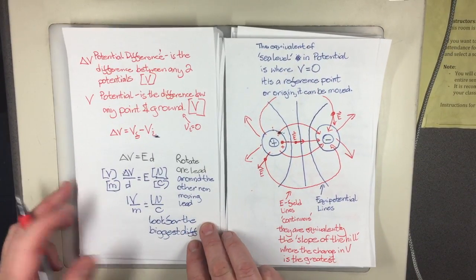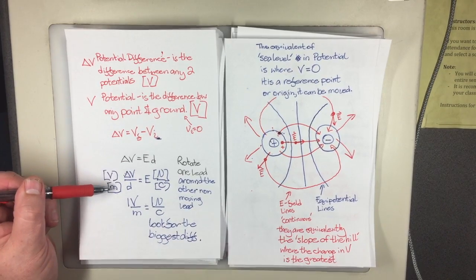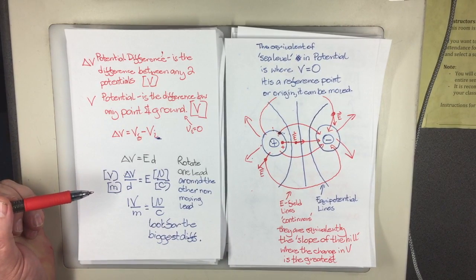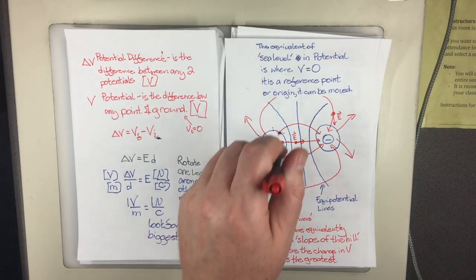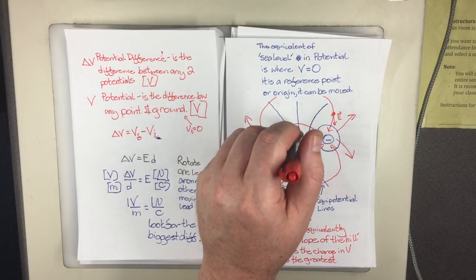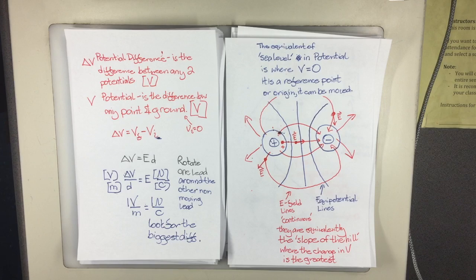So the electric field is equivalent to the change in potential over the distance. Change in potential over the distance is a lot like you're walking on a hill. Your altitude changes 1 meter for every 10 meters you move forward. That's a slope. So the electric field is the equivalent to a slope of a hill. And you're going to put these pins down and find the direction of the greatest change in potential or greatest slope.